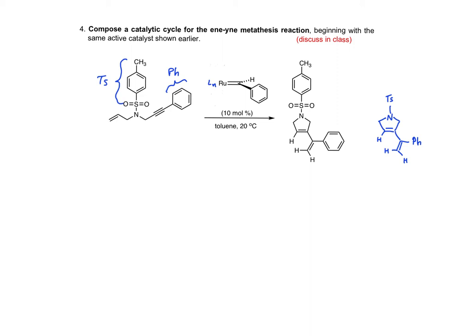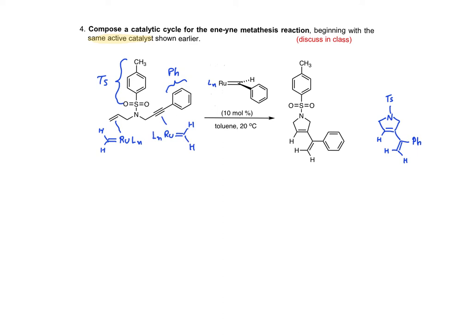As before, this reaction uses the same active catalyst that was described earlier from the phenyl-substituted pre-catalyst. Ligand association with the ruthenium carbene can occur either with the alkene or with the alkyne.